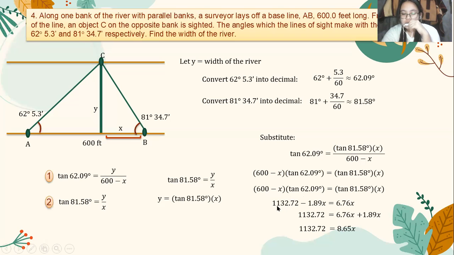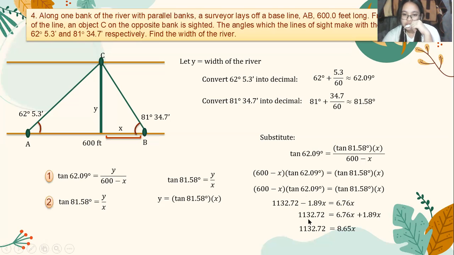Multiplying 600 by tangent 62.09 degrees, we get 1132.72. Multiplying negative x by tangent 62.09 degrees, we get negative 1.89x. Multiplying tangent 81.58 degrees and x, we get 6.76x. Then let's transpose the x to the right side.